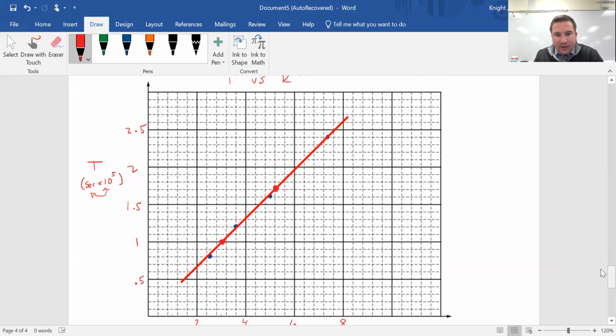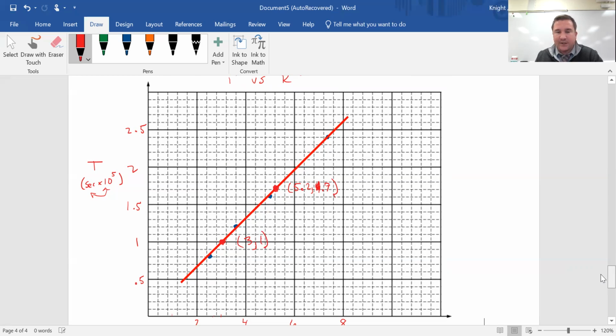So I'm going to take this point, which is 1.6, 1.7, and 4.4, 4.8, 5.2. So 5.2, 1.7. And I'm taking this point, which is going to be 2.4, 2.8, 3, comma, 1.